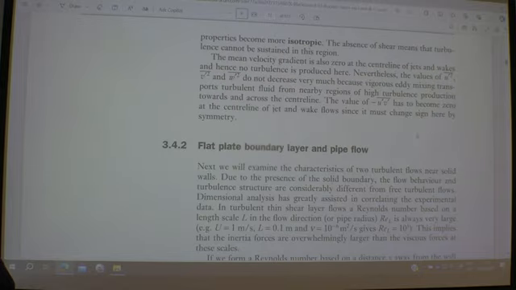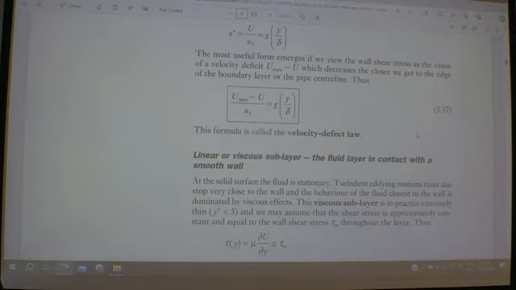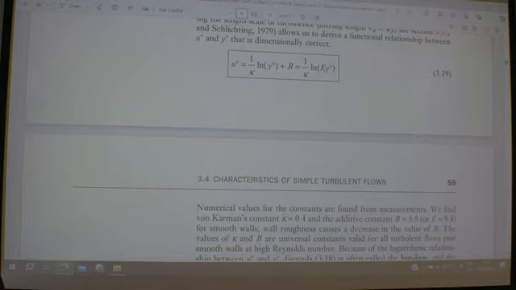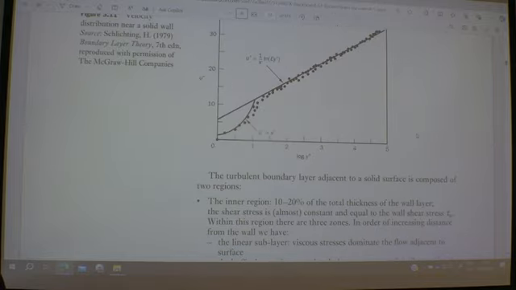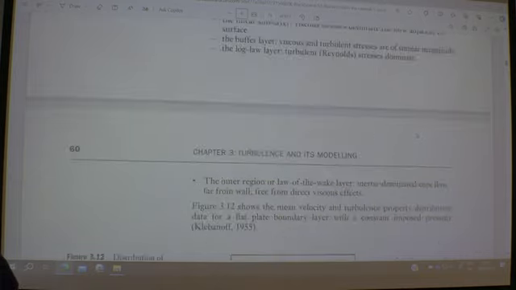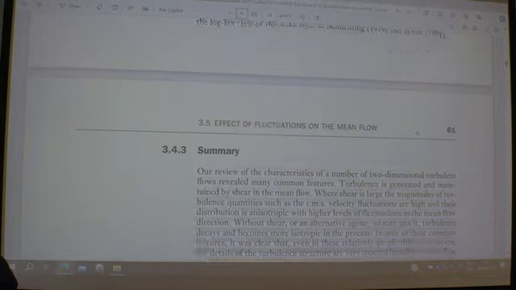It's called the law of the wall. That's something we have to look into. So either you can read it here, or I will show you another version of it, a little bit easier. But the law of the wall is sort of a recipe for how the turbulence behaves close to walls. And that's something that we can use in our modeling. So we will be coming back to that one.